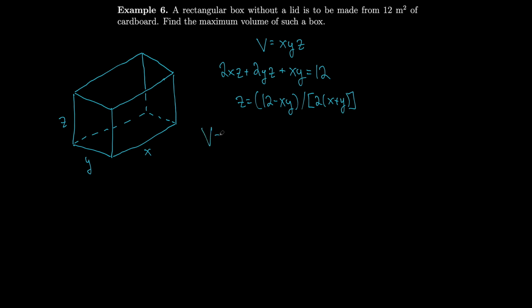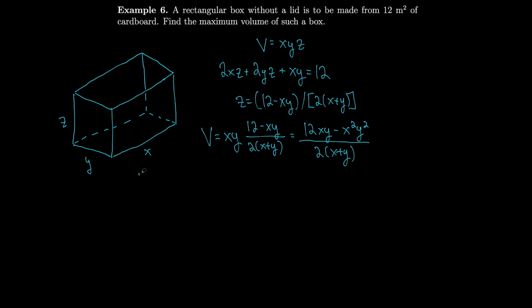So we can rewrite our volume now in terms of two variables. So that's going to be x times y times (12 minus xy) over 2 times (x plus y). So that simplifies to (12xy minus x squared y squared) over 2 times (x plus y).